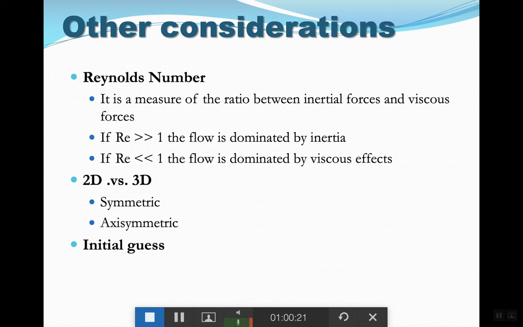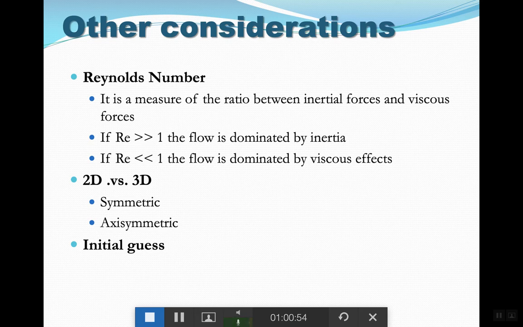For example, if your Reynolds number is much larger than 1, your flow is dominated by inertia. Whereas if your Reynolds number is much less than 1, your flow is dominated by viscous forces. So the Reynolds number plays a very important role in your calculation and simulation, and I can certainly say it's one of the most important numbers you will ever deal with in CFD.